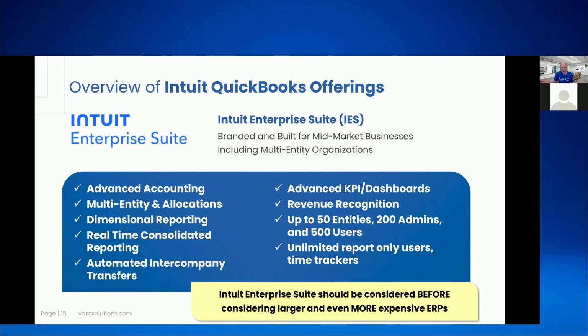There's always a cost to migrate, but if you're coming from a QuickBooks environment already, that migration is usually a lot faster and a lot less expensive than if you were coming from something else like a NetSuite or a Sage Intacct or what have you.